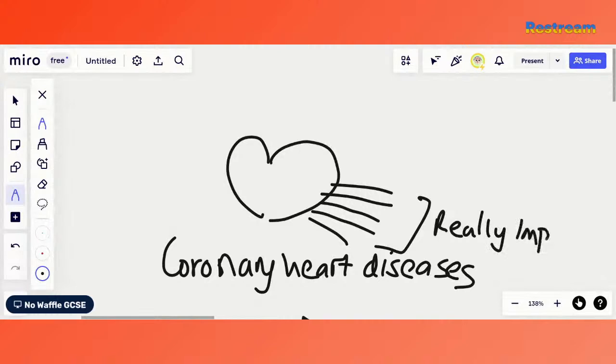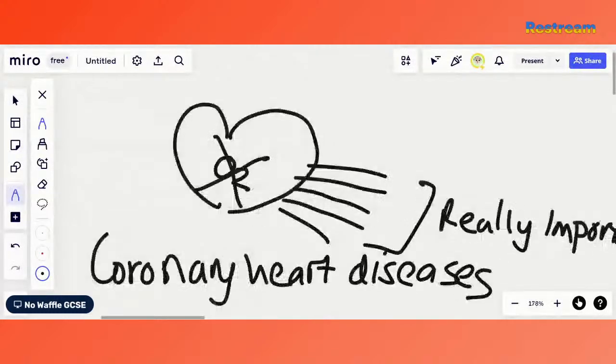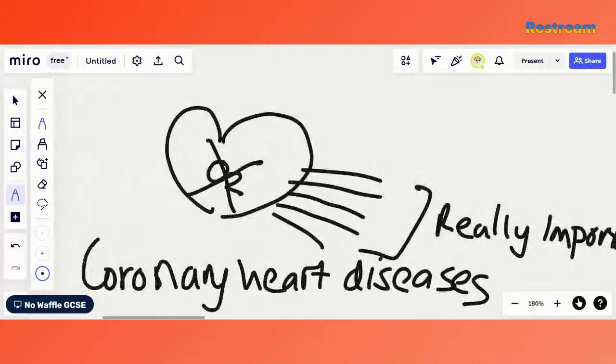So what happens if these really important arteries get blocked? That means there's no oxygen getting to the heart, and when there's a lack of oxygen, a heart attack can occur. Now, what can cause these coronary arteries to block and build up?